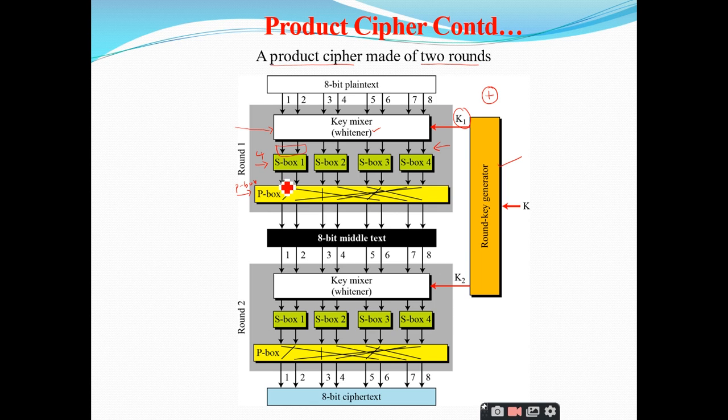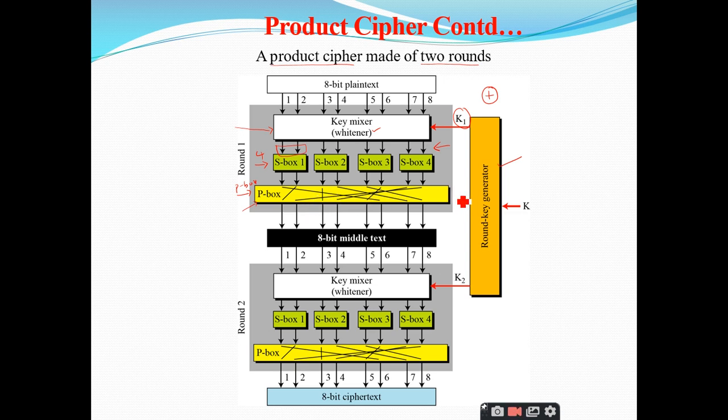Finally, all these 8 bits that I get from these 4 S boxes are given as input to the P box, and we have different combinations of this P box, right. What do you mean by P box? It's a permutation box where you rearrange the bits.